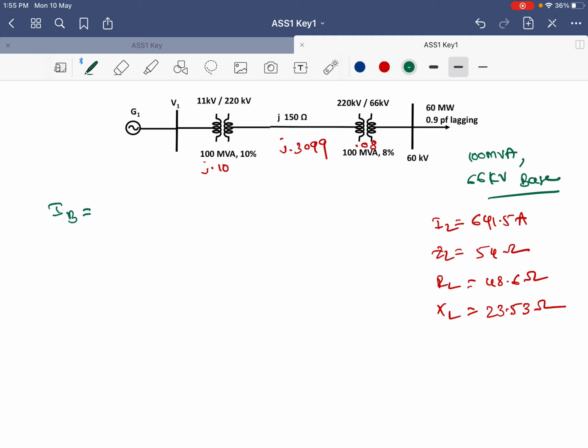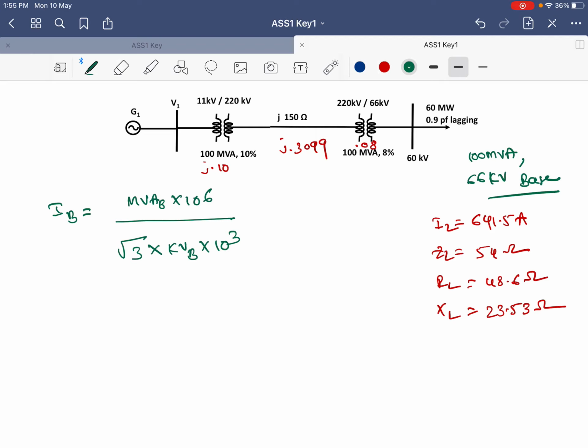How to find out IB? IB is nothing but MVAB into 10 raised to 6 divided by root 3 into KVB into 10 raised to 3. Simple formula for finding IB.